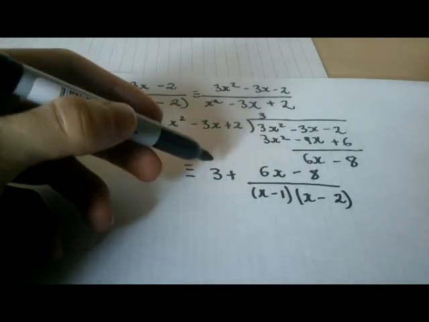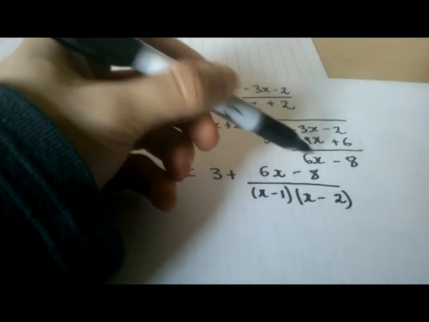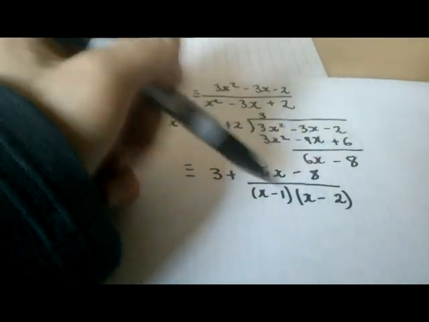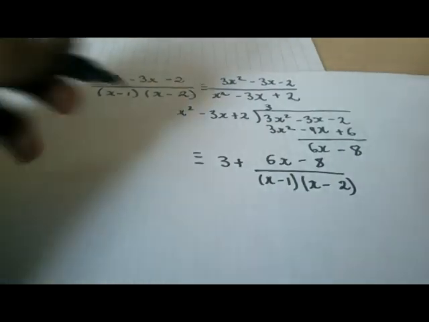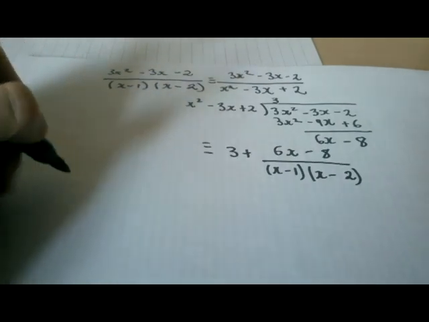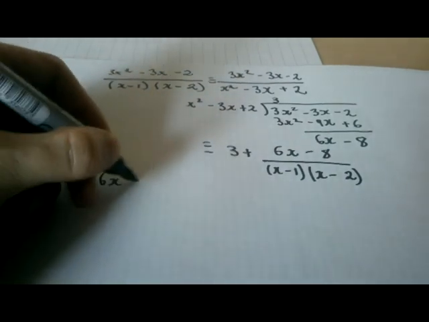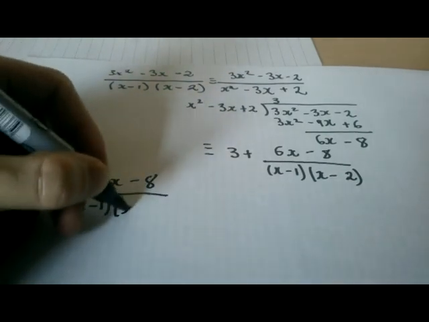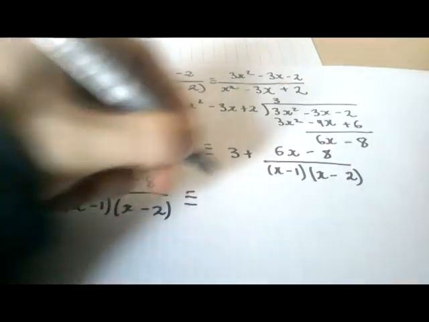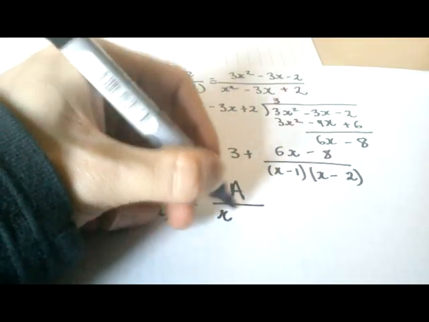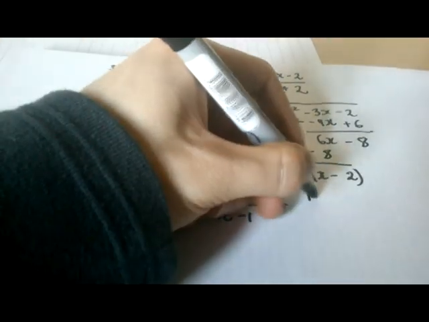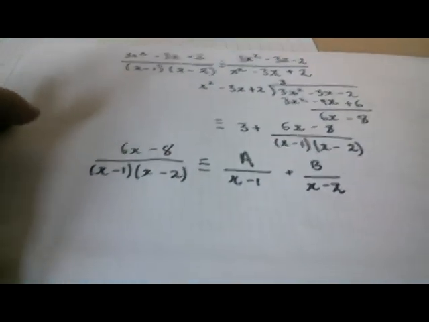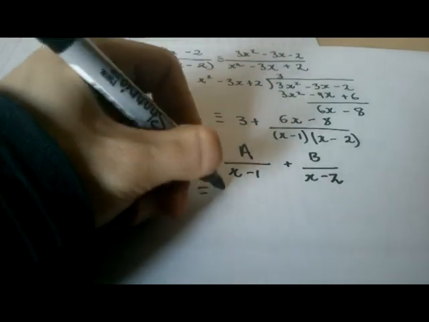So what we're going to do now is use the usual method for partial fractions to expand this. So let's see, 6x minus 8. I'm going to set up the problem as we've usually done for partial fractions. That's setting the equivalence relationship like this. Multiply this out.